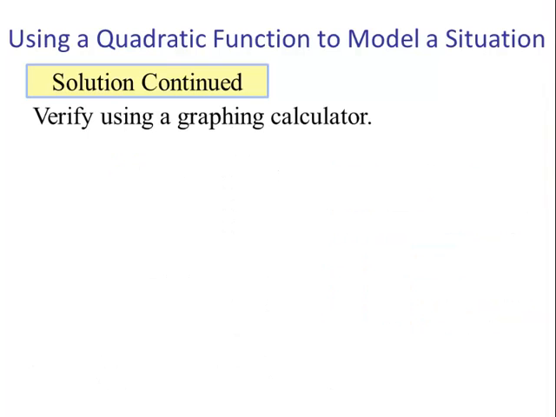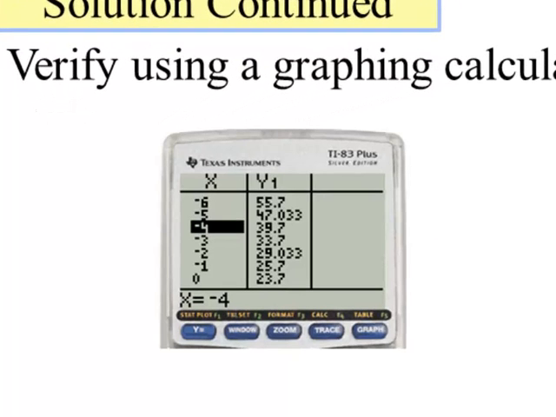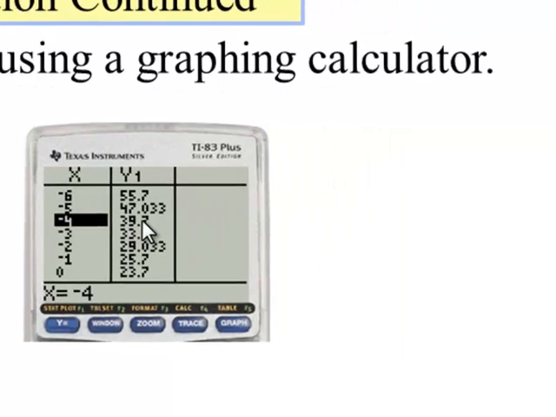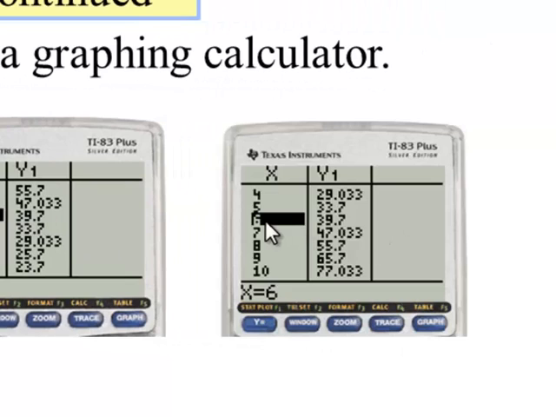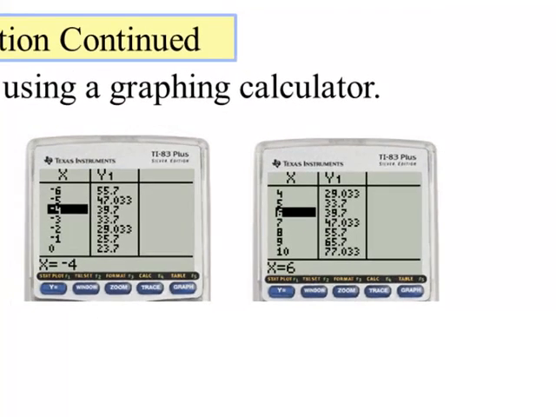To verify this using the graphing calculator, we use our table feature. When x is a negative 4, we have 39.7, and when x is a positive 6, we have 39.7. So the answer has been verified.